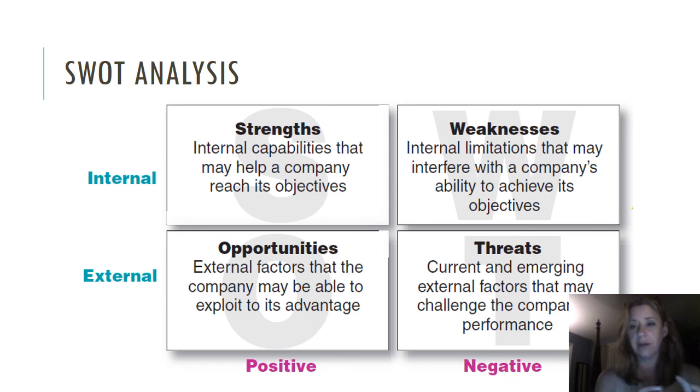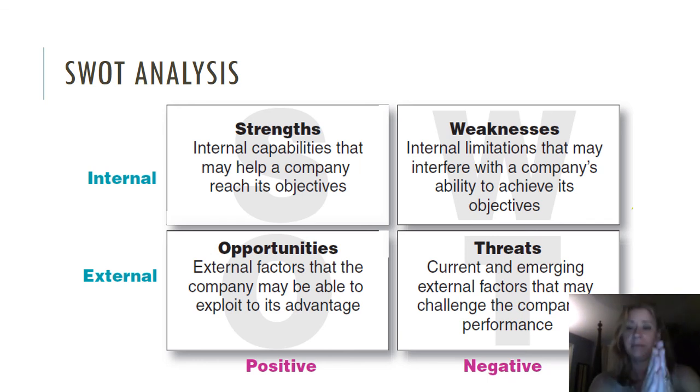Threats, again, are things I can't control. They might be a family emergency, or maybe I get sick and I'm not able to do my work. Things like that threaten me and keep me from being able to do my job. So that's the SWOT analysis.